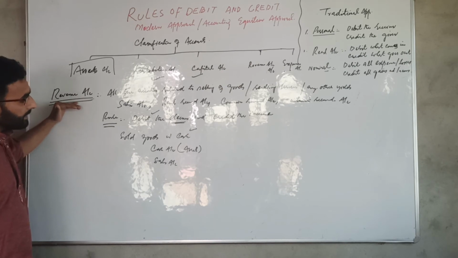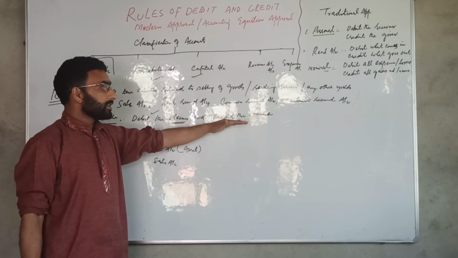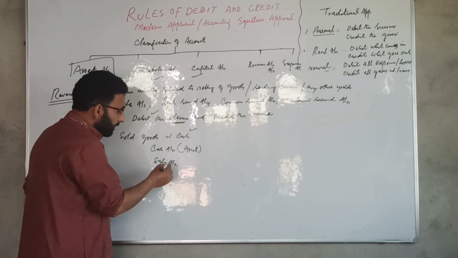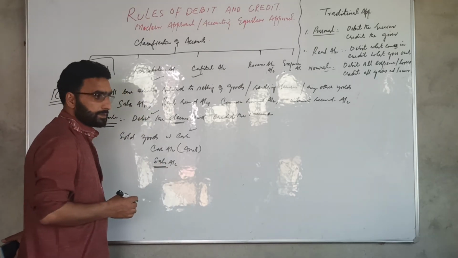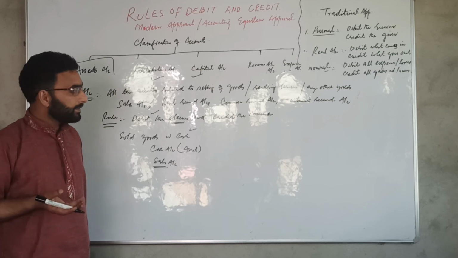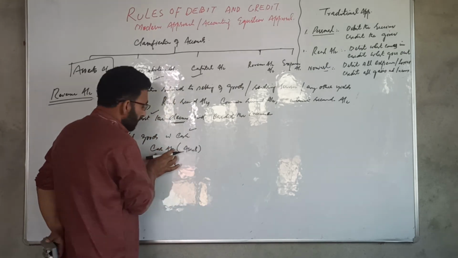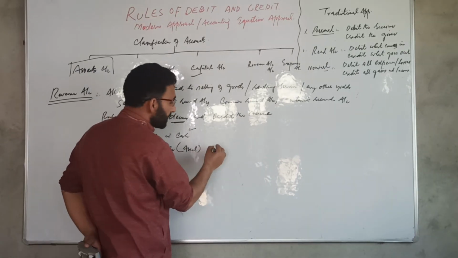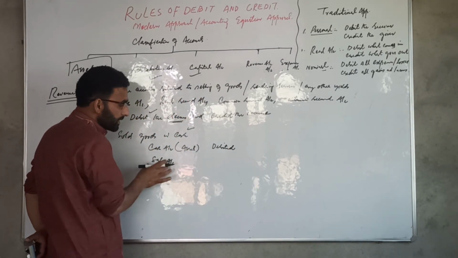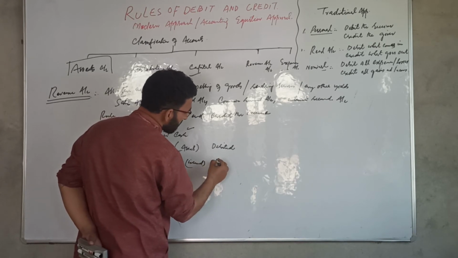For the revenue account, when there is any decrease, it is debited, and when there is any increase, it is credited. When the sale is done, the sales account increases, so the sales account is credited. When the assets account is increasing, it is debited. When the revenue account is increasing, it is credited.